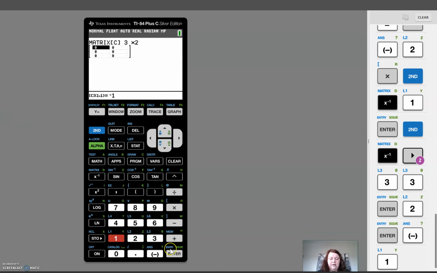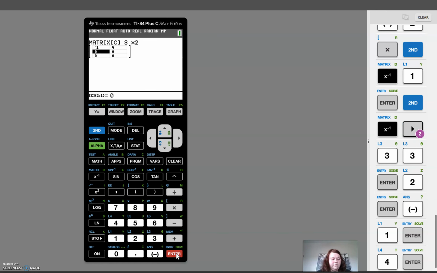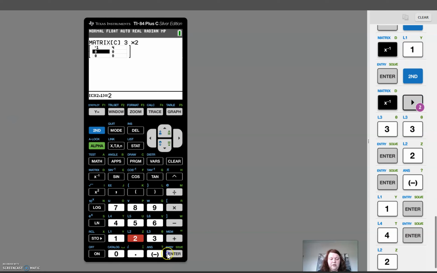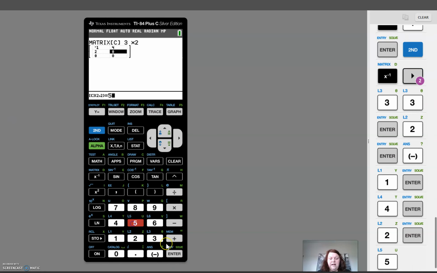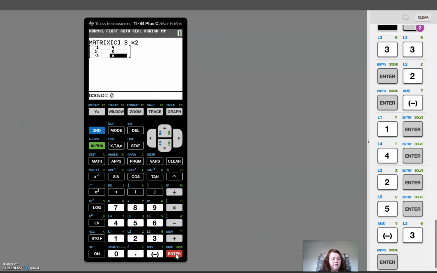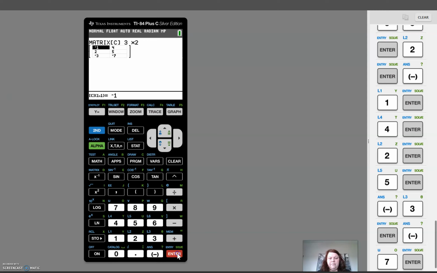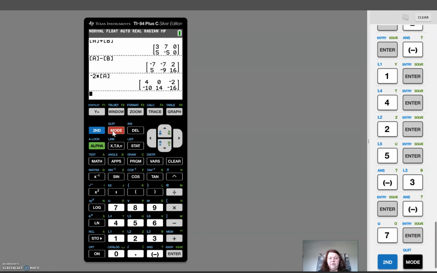Okay, and I'll enter the numbers there. So -1, 4, 2, 5, -3, and -7. Okay. Now if I want to multiply these together, I'm going to exit out of here just like I did before.